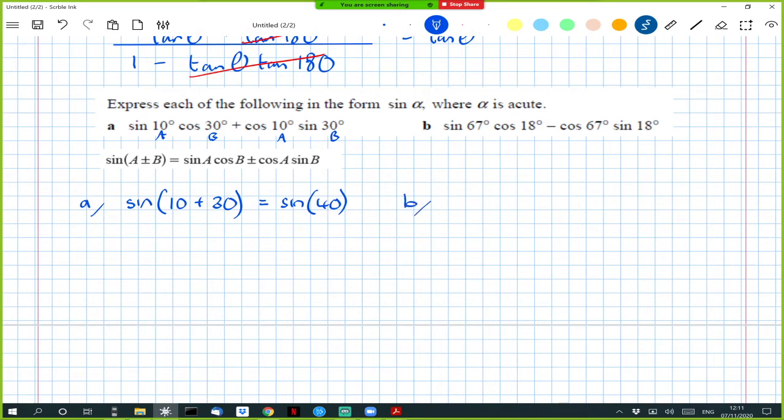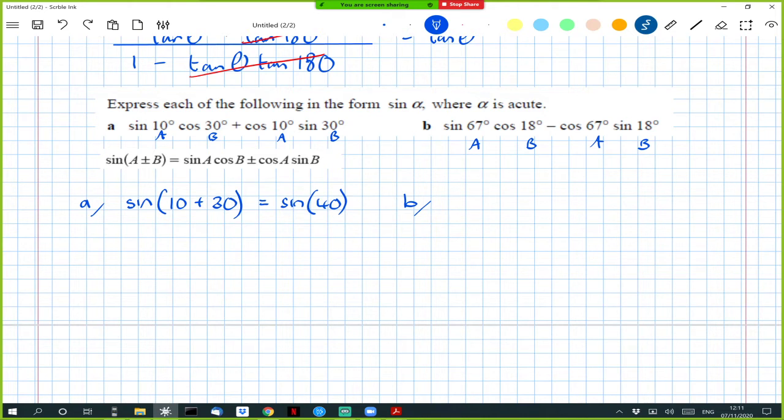Try B. But notice that the sign in the middle is a minus this time.